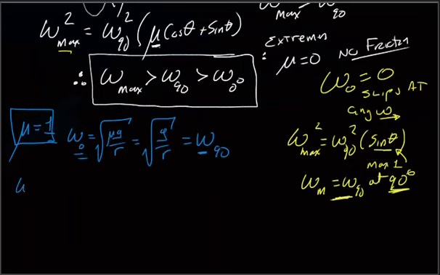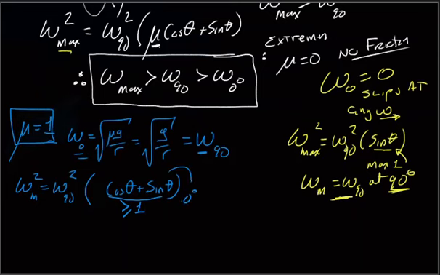And then omega max, which is omega 90 squared times (mu cosine theta plus sine theta), where mu is 1, we find that this will be greater than or equal to 1 for all angles.